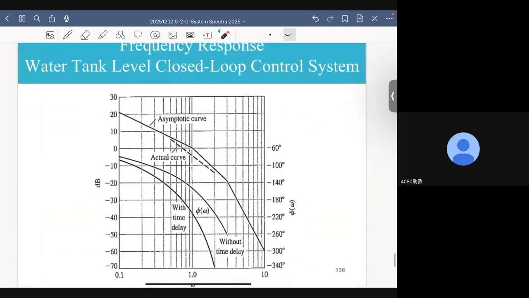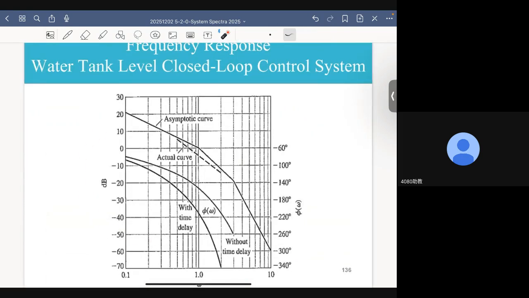Now, here is the Bode diagram of this system. This is the static curve for the magnitude part of the Bode diagram, and these are the phase responses without time delay and with time delay.